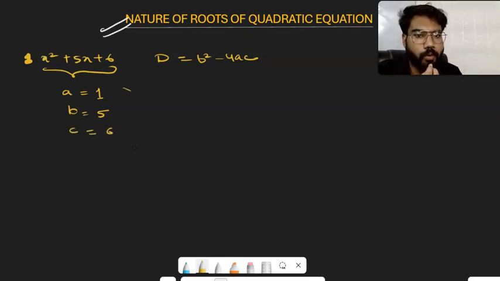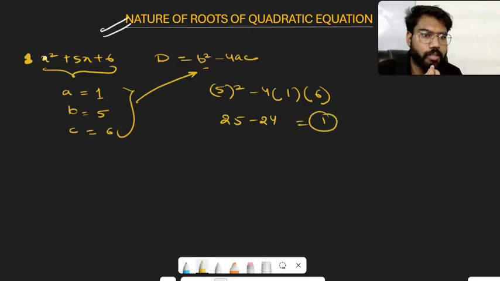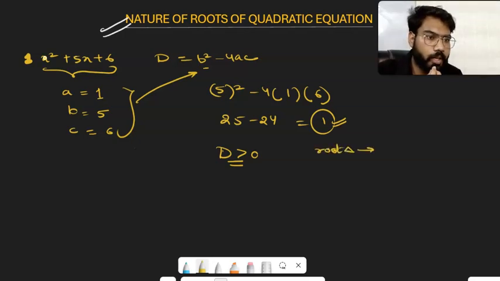So putting all these values in this formula, 5 square minus 4 into 1 into 6, so 25 minus 24, that comes out to be 1. So the discriminant is greater than 0, d is greater than 0. So this is case number 1 because it is a positive value. So in this case, roots will be real and unequal.